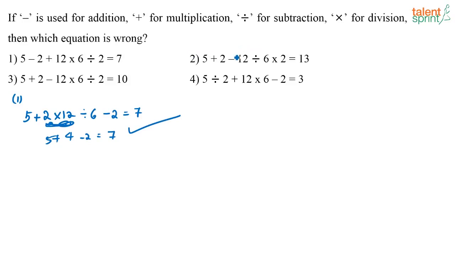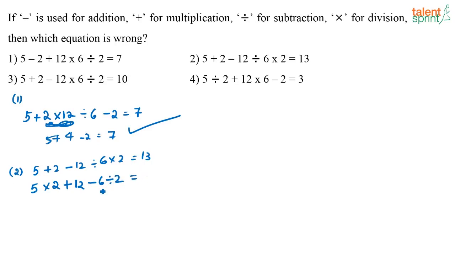Okay. Now similarly, look at the second one. 5 plus 2 minus 12 divided by 6 into 2, that is equal to 13. If you put in the actual symbols, what will come? What does plus stand for? Plus stands for multiplication, minus stands for addition, the division symbol stands for subtraction, and the multiplication symbol stands for division.